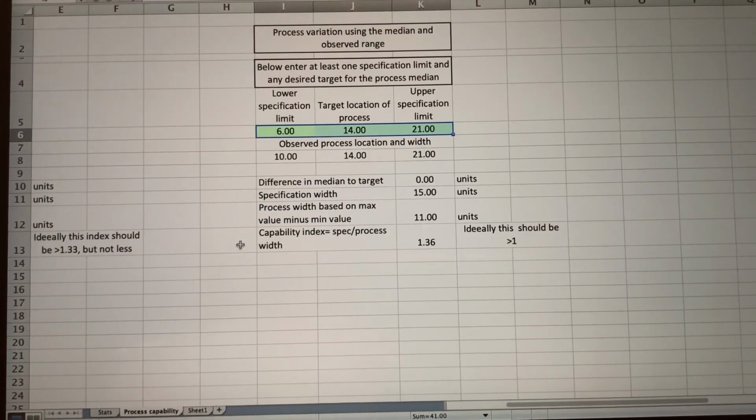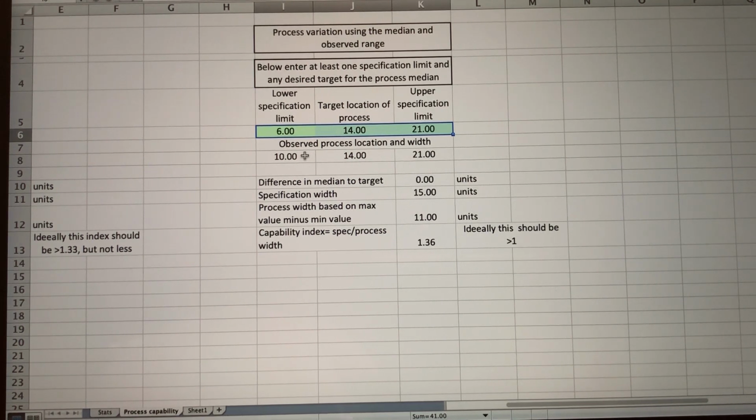If we're dealing with time series data and non-normal data, and we're looking at the median, again, we put in our lower spec, our target, and our upper spec, and we have an observed median of 14 units here.